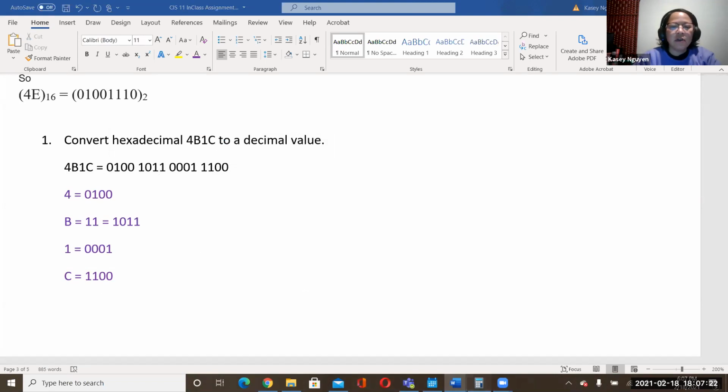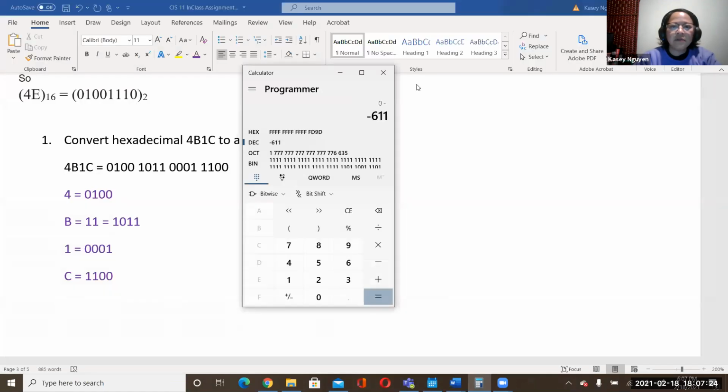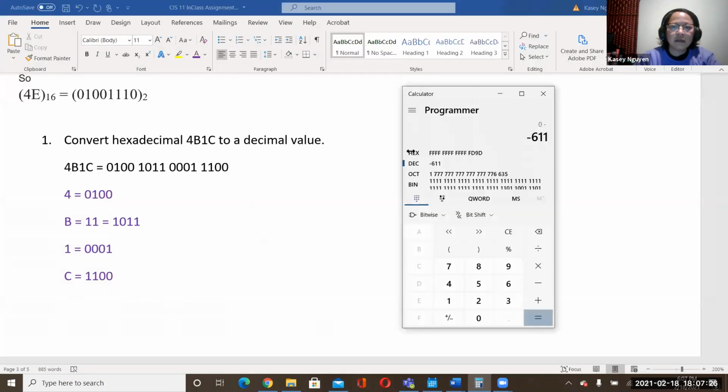Okay, so I'm going to check it with my calculator real quick. I'm sorry, I'm in the wrong mode here. Hexadecimal. If I enter 4, B, 1, C, and look at decimal, that's 19,228.